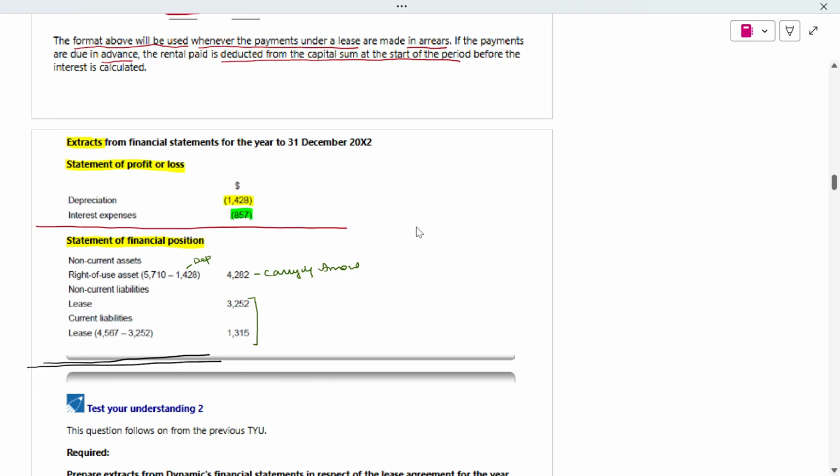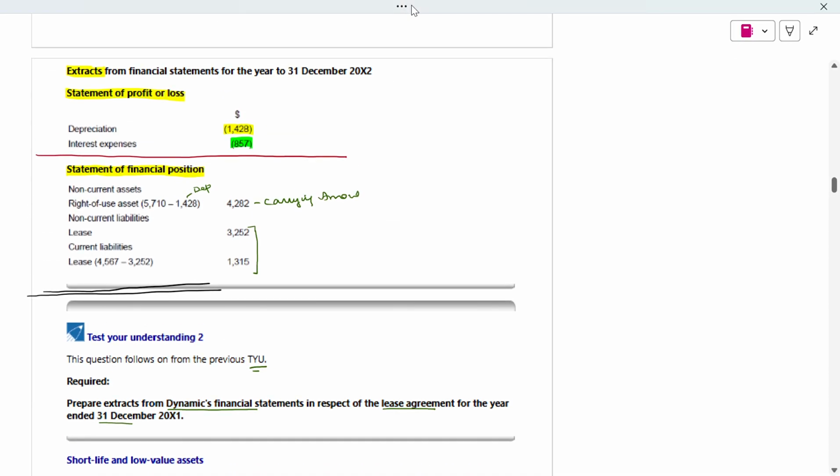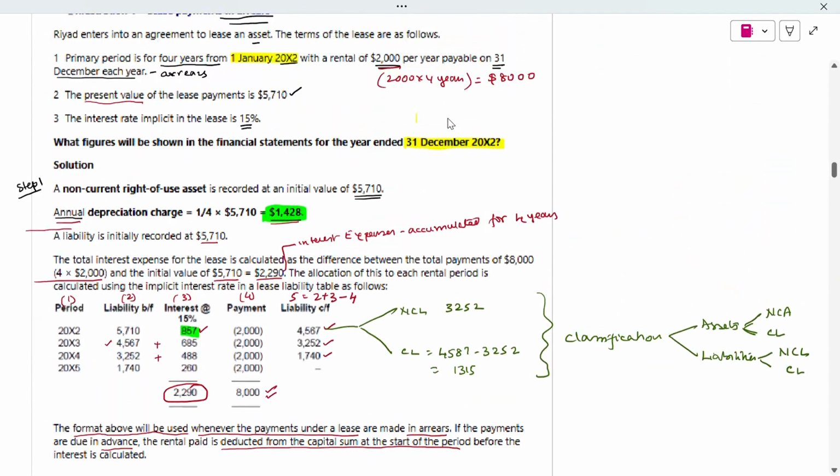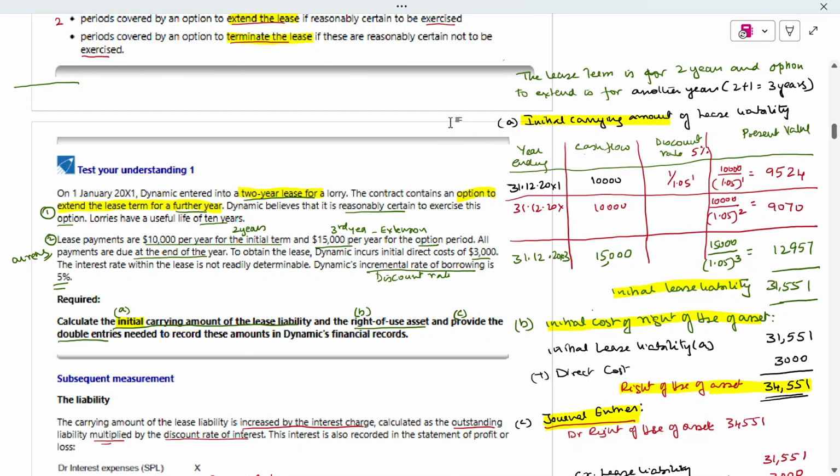Next, we have taken the test your understanding. The question is from the previous test your understanding, the one we have done, in respect of the lease agreement. Prepare the extract.